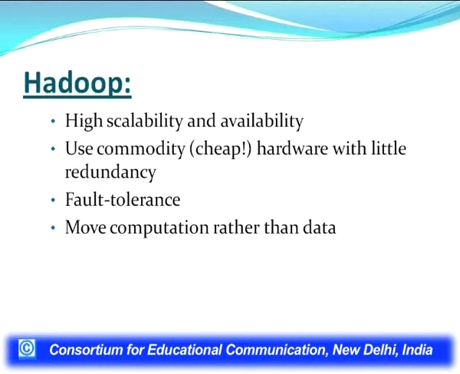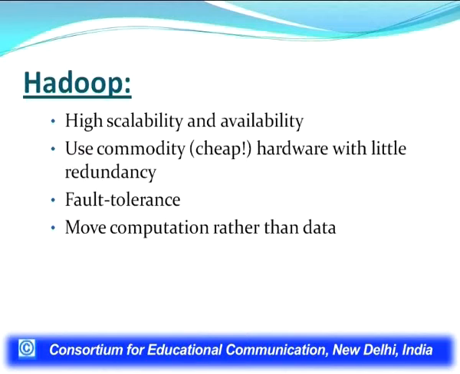Now Hadoop has high scalability and availability, which is the most important thing about a database. It uses commodity, cheap hardware with little redundancy. In other words, even if you have a small architecture, a small hardware based computer system, you can do it.